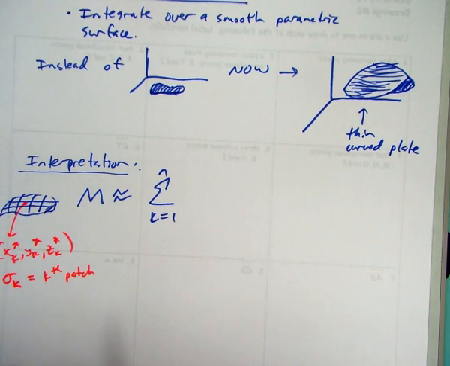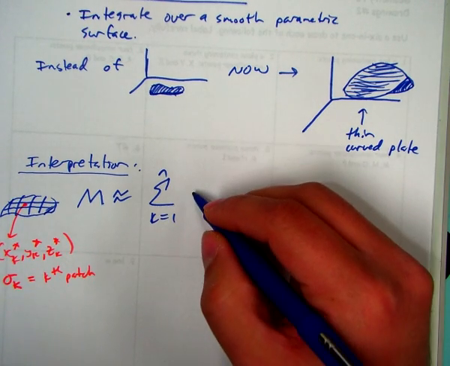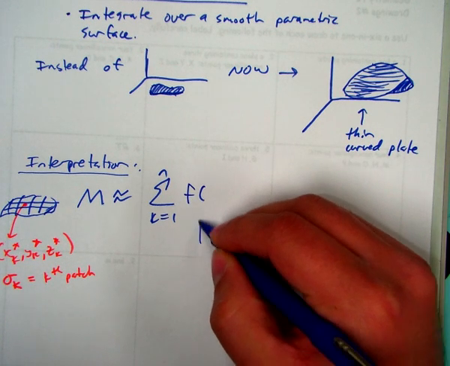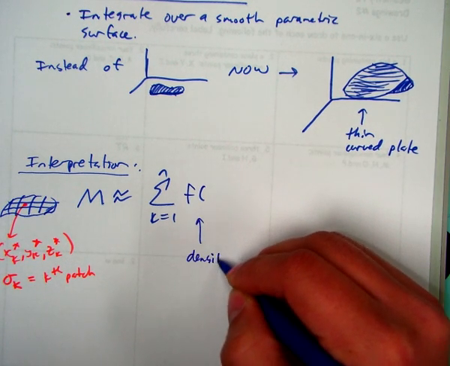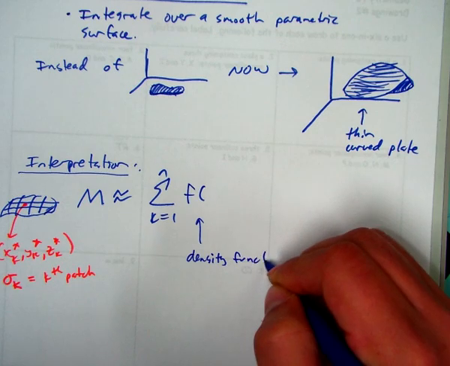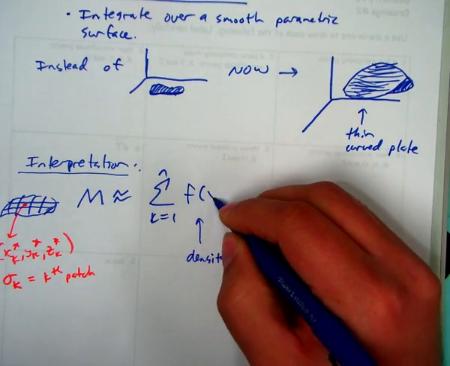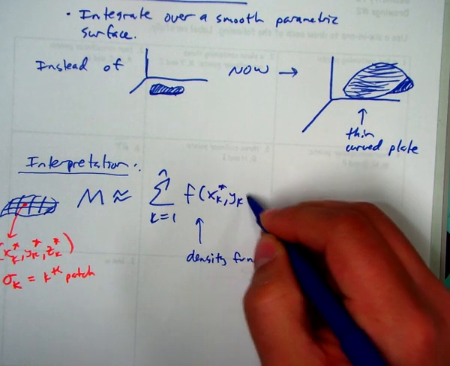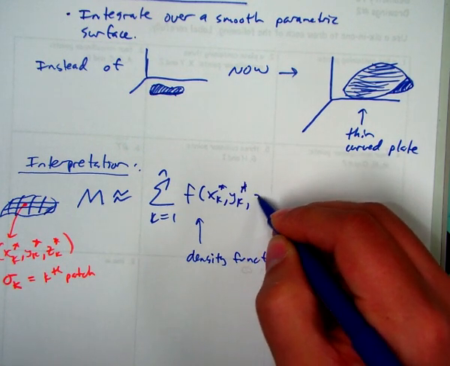And now, when we try to find the mass, what we're going to do is take the density function, which we're going to call f. So just to make that clear, we'll label this density function. Evaluate it at that particular point, x sub k star, y sub k star, z sub k star.